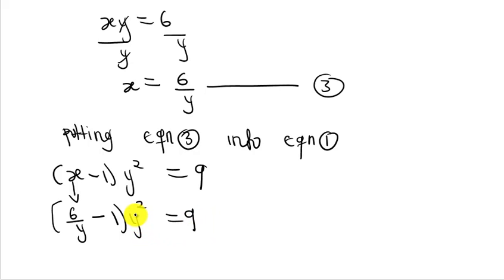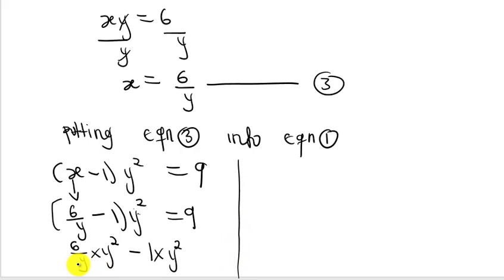This y² is going to multiply each term in the bracket. So you're going to have 6 over y times the y², minus 1 times y². Y will cancel one of the y there, so you are going to have 6y minus y². So this will be equal to 9.